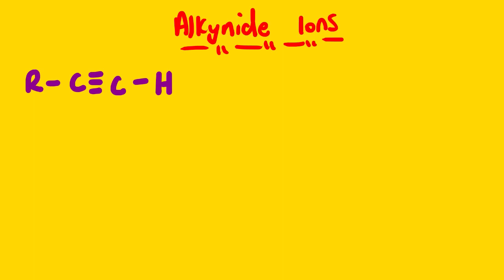When you talk about an acetylenic proton, we are talking about this hydrogen here. If we remove this hydrogen, we are going to form an alkynide ion. Remember that when you talk about ions, you're talking about those compounds or elements whose charge is not neutral, but positive or negative.